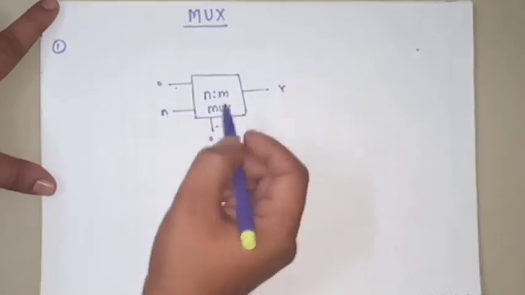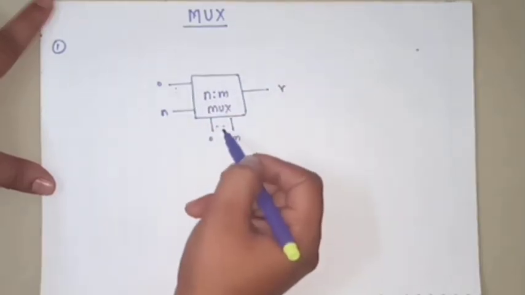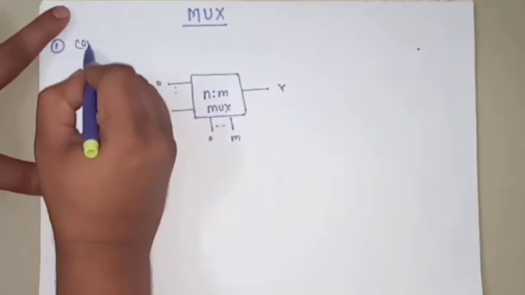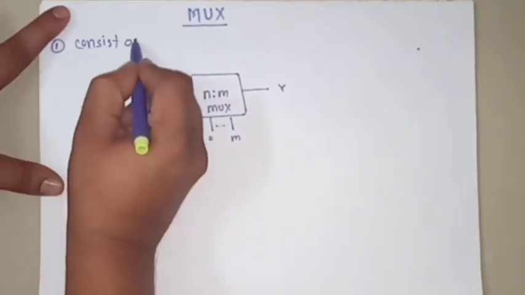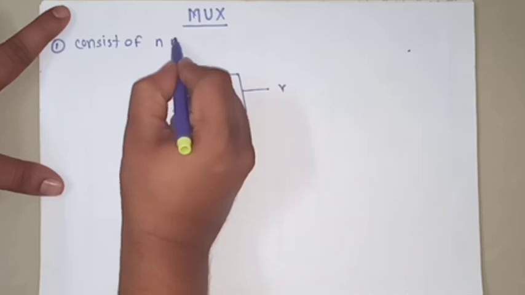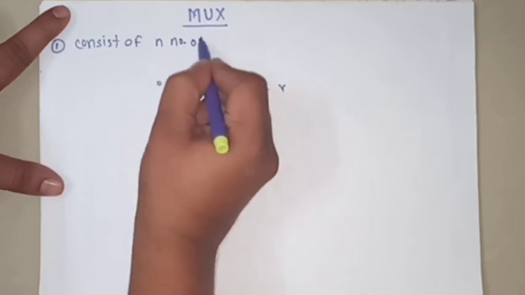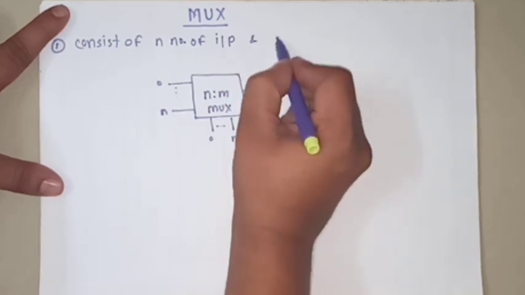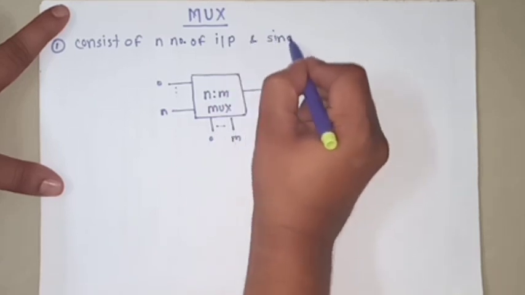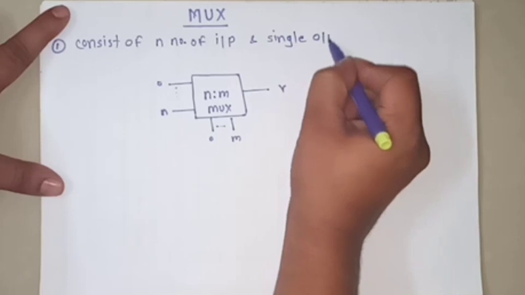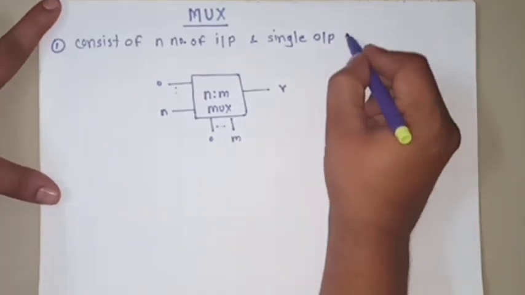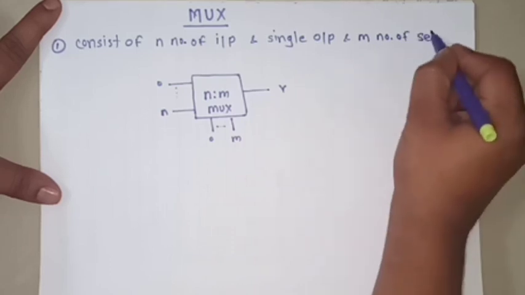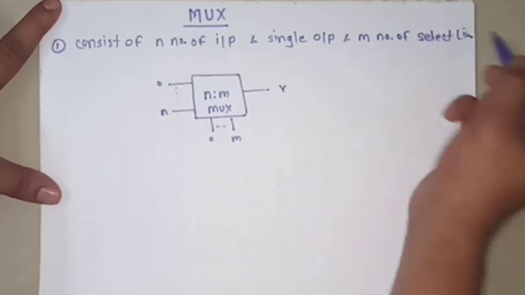So what is the definition of multiplexer? Multiplexer is a combinational circuit consisting of n number of input lines and a single output and m number of select lines.